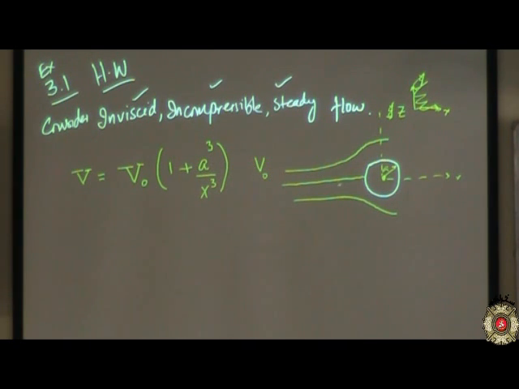Okay, so give me the velocity at this point. How do you know that? What is the value of x? What is the velocity here? And let's say give me the velocity at, let's say, this is minus 3 times a.